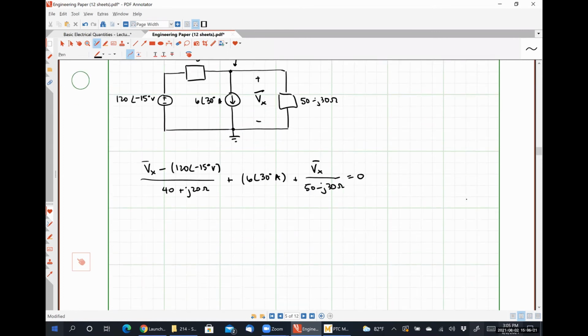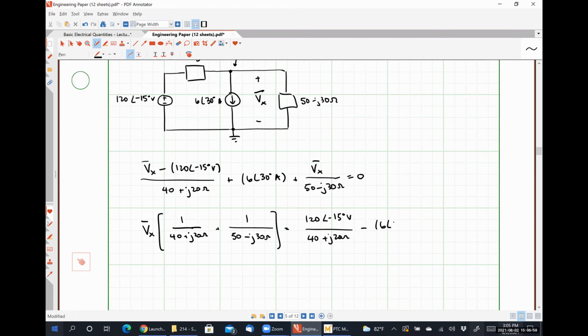But I would argue that I could break this thing down as Vx times (1 over (40 plus j20 ohms) plus 1 over (50 minus j30 ohms)) will be equal to 120 angle negative 15 degrees volts divided by (40 plus j20 ohms) minus 6 angle 30 degrees amps.